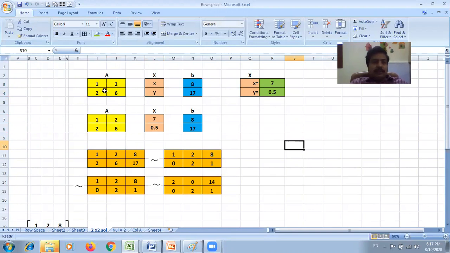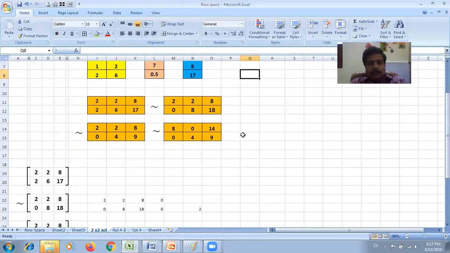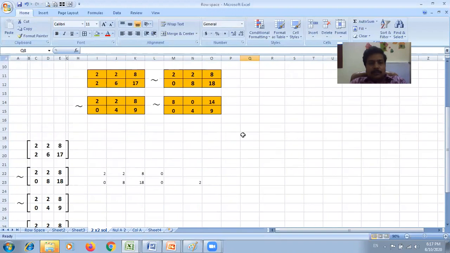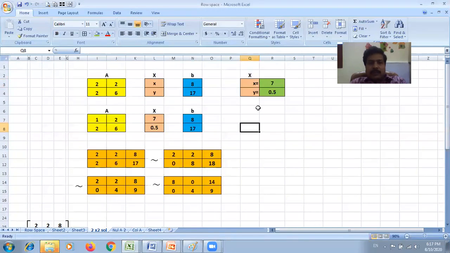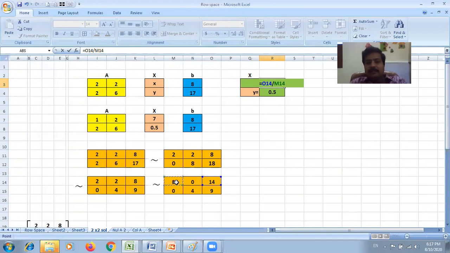Similarly, for any vectors, you can get the solution. This is this one by 8x is equal to 14. That implies x is equal to 14 by 8. So this will be that value.